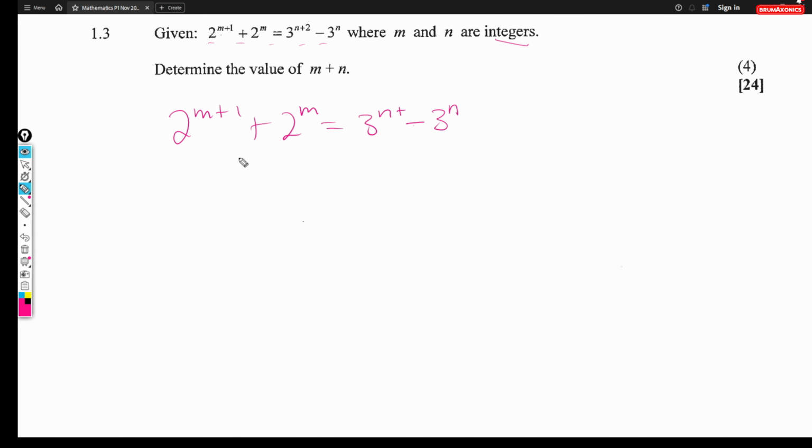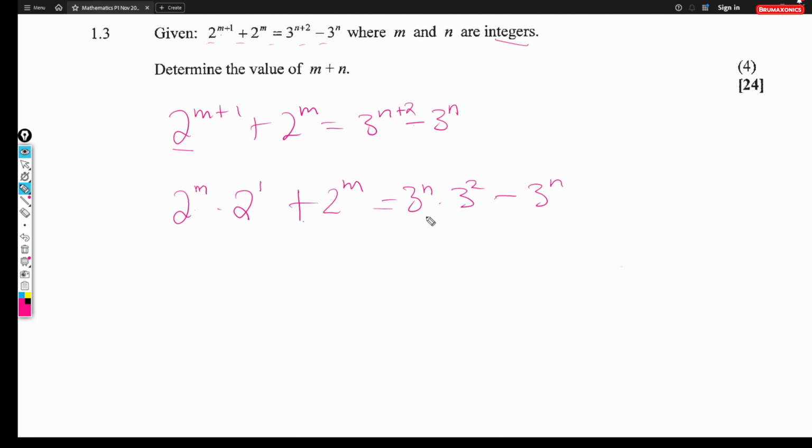So the best way to approach this is to make sure that you split this, and that will be 2 to the exponent m, and then times 2 to the exponent 1. So when you split them, you multiply the base, okay? So then plus 3 to the exponent n, and then multiply that by 3 to the exponent 2, minus 3 to the exponent n.